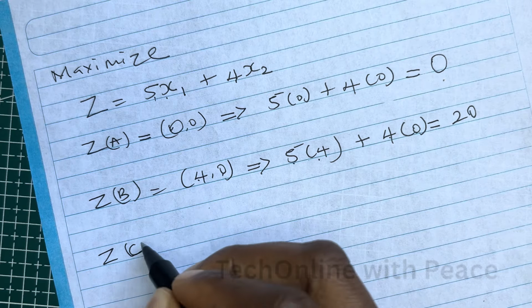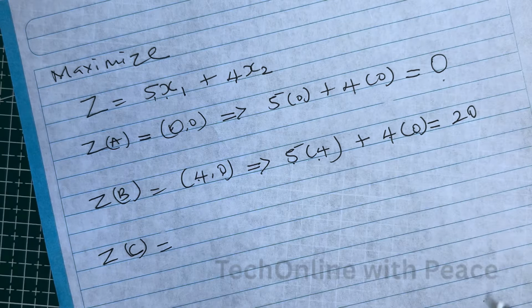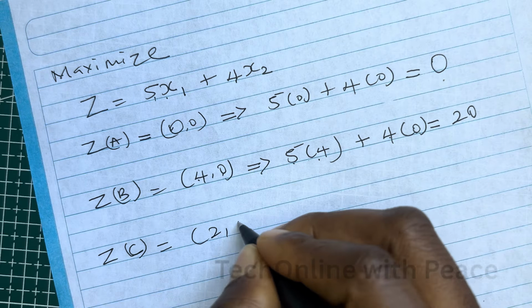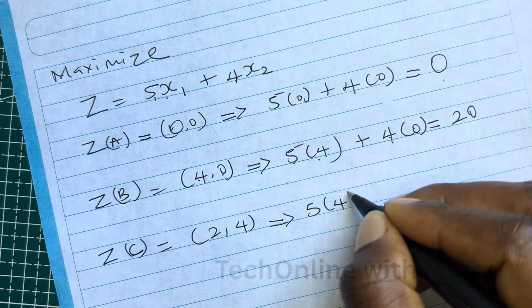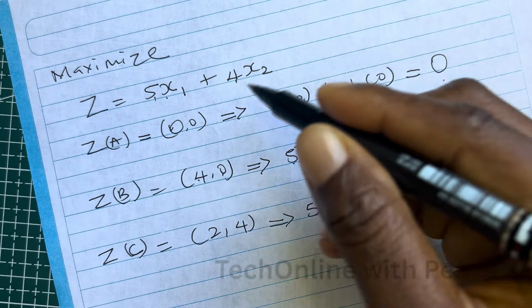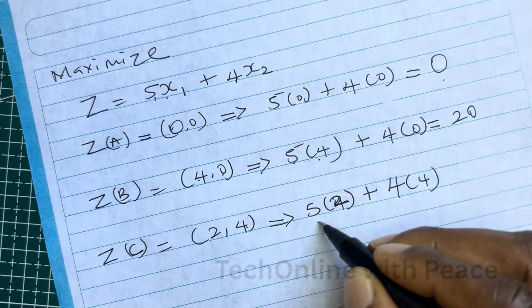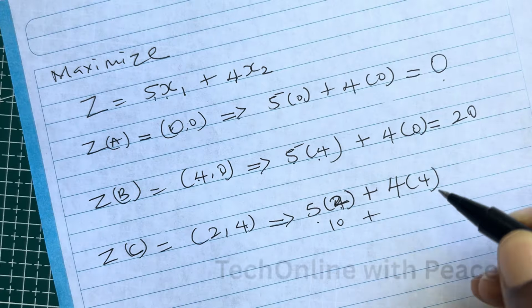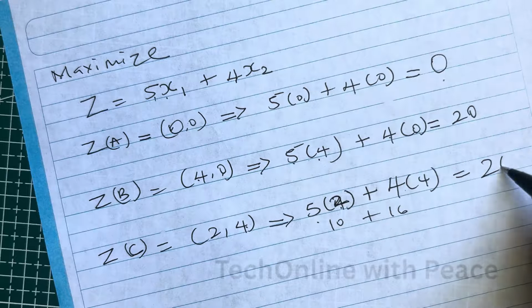For corner point C, we have 2 and 4. So we have 5 times 2, plus 4 times 4. So 5 times 2 is 10, plus 4 times 4, 16. 10 plus 16, we have 26.